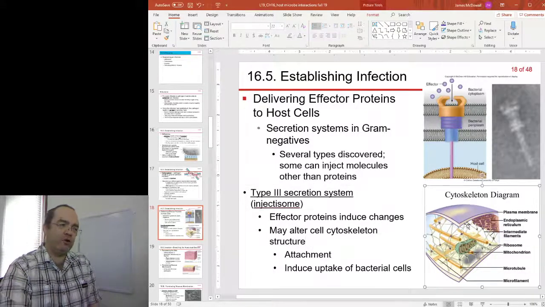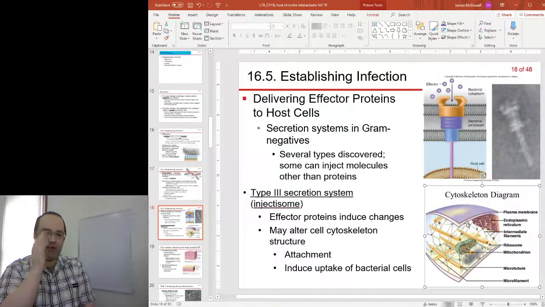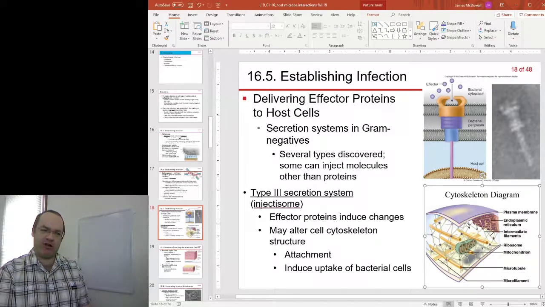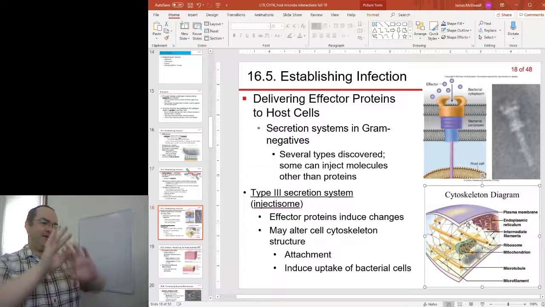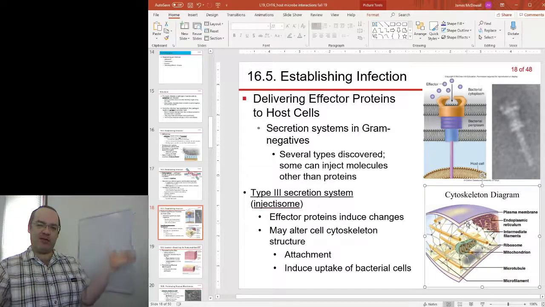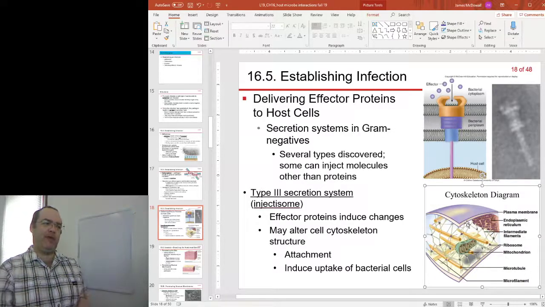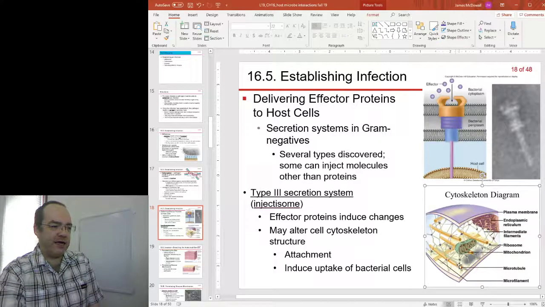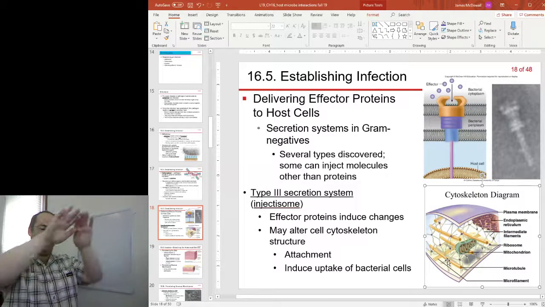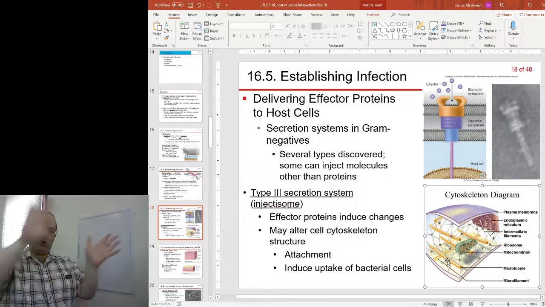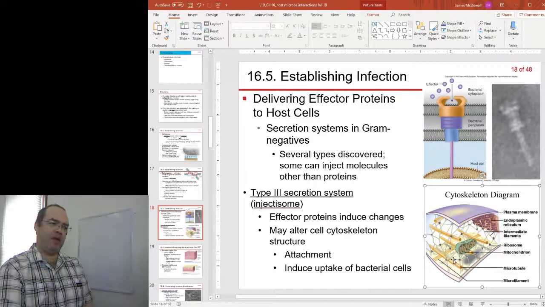So if you recall back to your eukaryotic cell structure, there's the nucleus, and there's endoplasmic reticulum, and there's mitochondria. But in amongst all that stuff, there are the girders and the pillars, all the structural elements called the cytoskeleton, made up of microtubules and microfilaments.